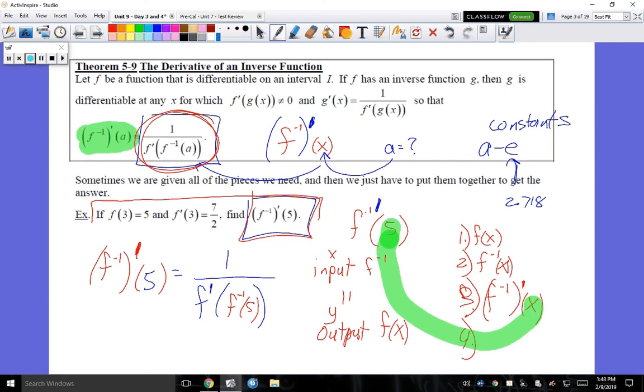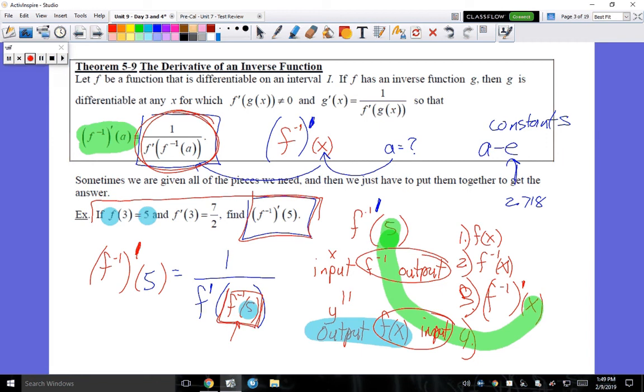So this input of 5 that I see on the inverse, I can also look at as the output of the original f of x. Now, what this in red is going to yield is an output value on the inverse function, and an output value on the inverse function is the same as the input value for the original function f of x.